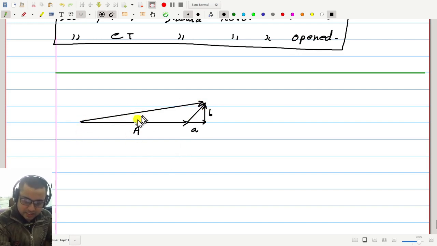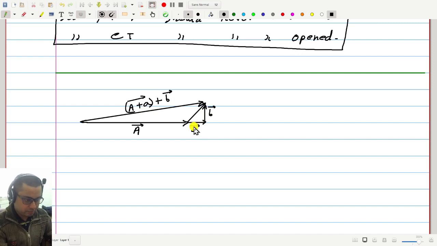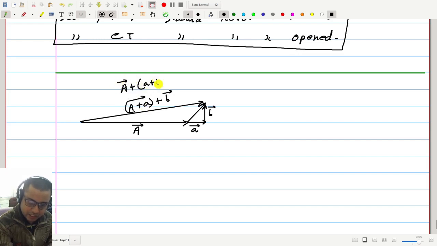This is basically a phasor sum of A plus B. I am using this symbol for denoting phasors, and the sum that you have to do is like the vector sum. You have to do it using the parallelogram rule or triangle rule. So this is also equal to vector A plus vector a plus b.